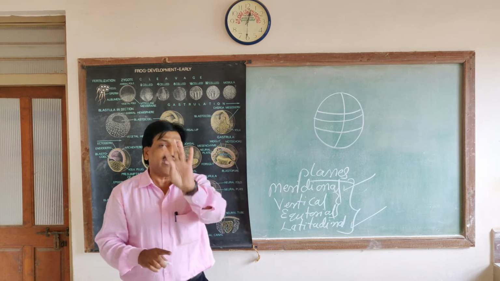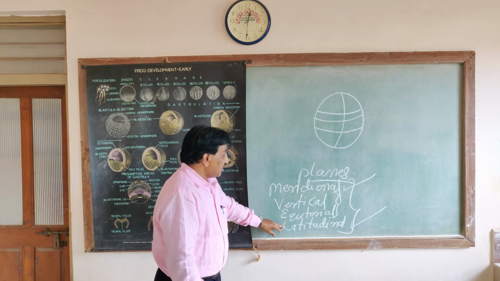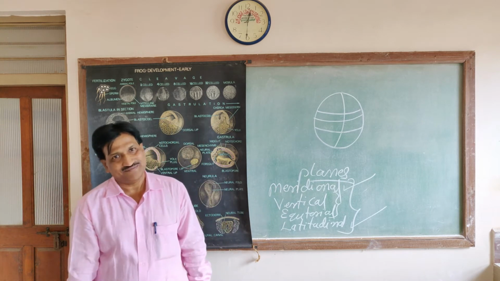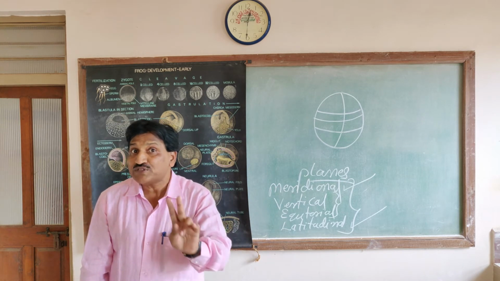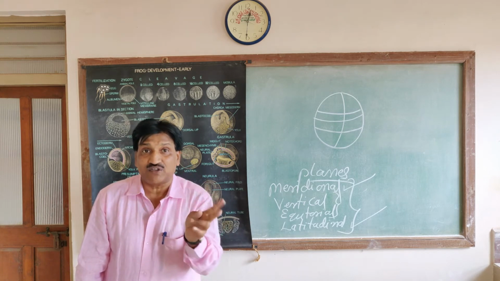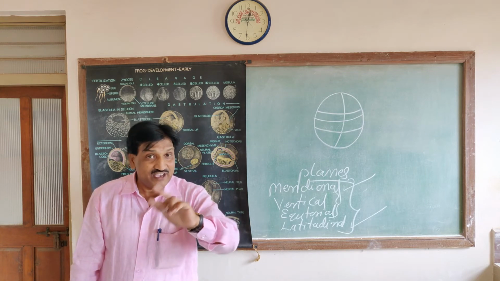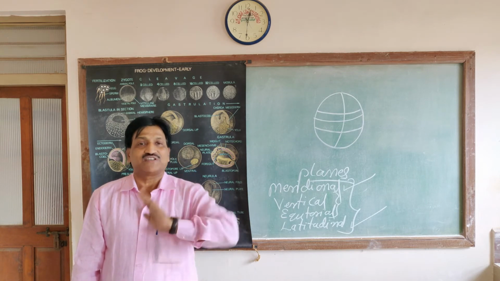But in the case of the frog there are only two planes, one called meridional and the second called latitudinal. So these are the types of cleavage planes.